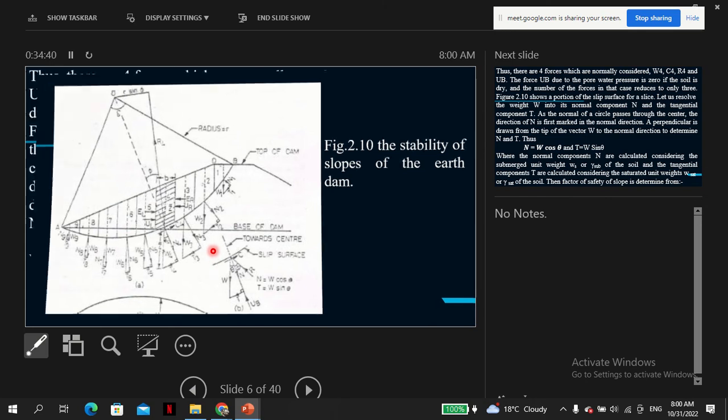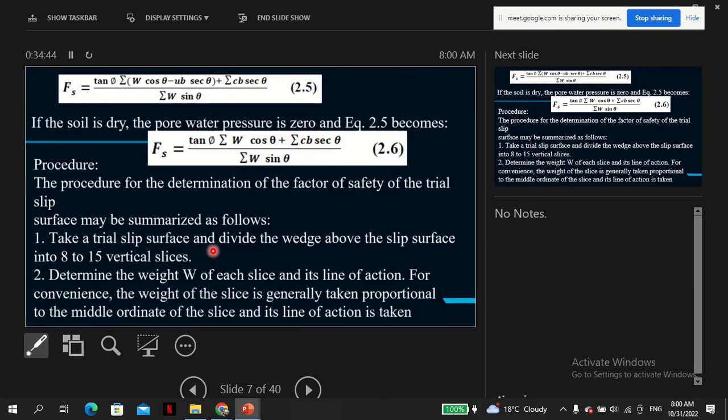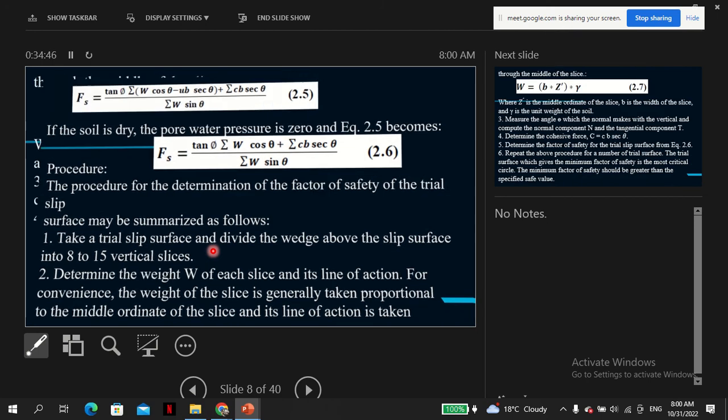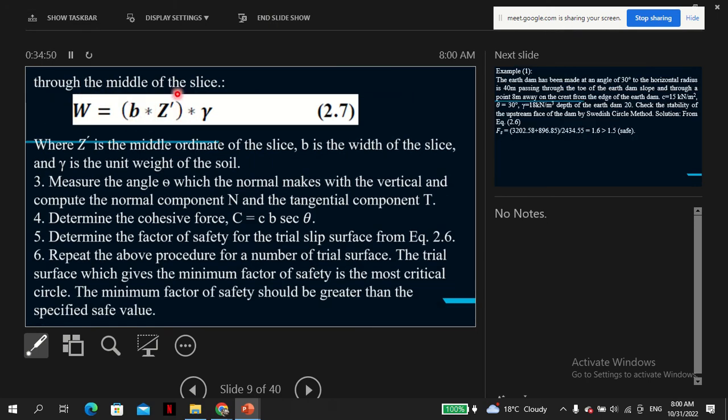So this is just the area of the slice. In fact, to get the weight it should be the volume times the unit weight. But we're saying this is the area because we are assuming a unit length in the direction perpendicular to your eye, so perpendicular to the slices.